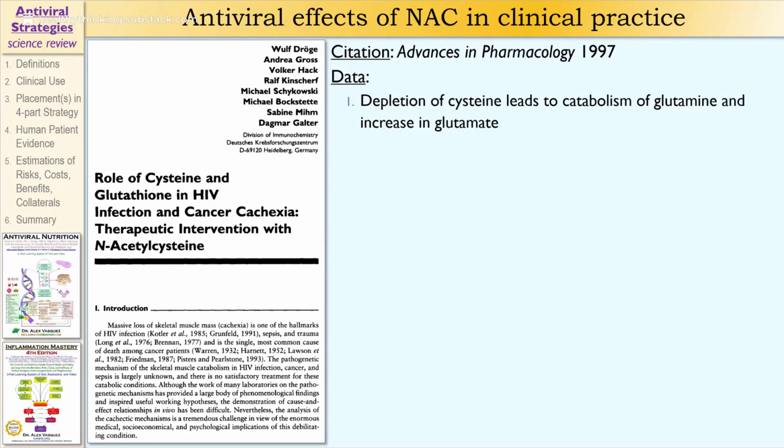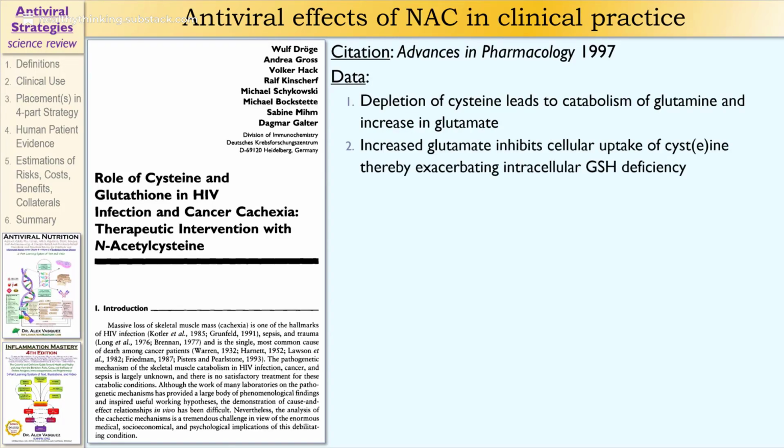You can measure blood levels of cysteine, glutamine, and especially glutamate. So if you measure those blood levels, that gives you an idea of where your patient is and perhaps even what dosage you might need to use when implementing NAC acetylcysteine therapy. And that's exactly what they had stated in this article, is that dosages can be customized based on laboratory and other clinical parameters. Let's move on to point number 2.